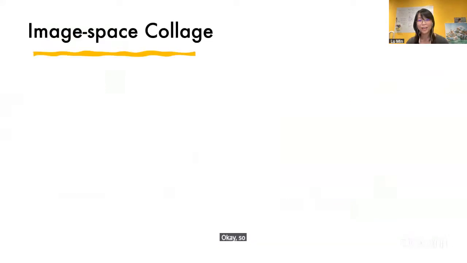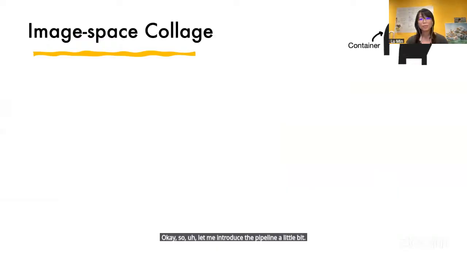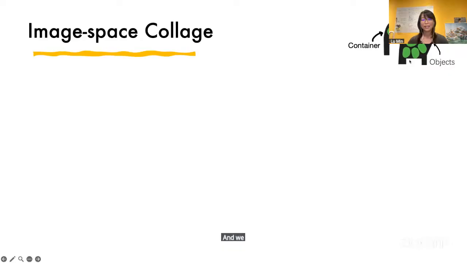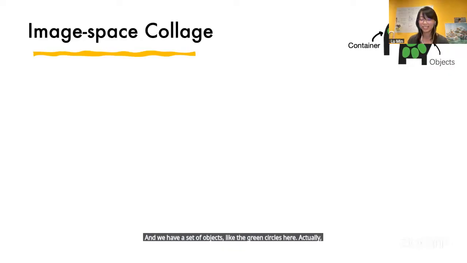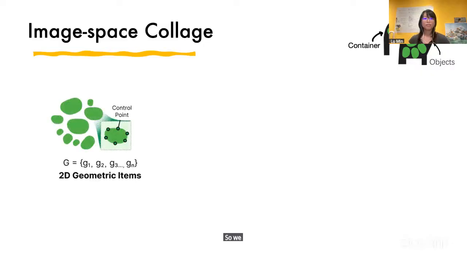Okay, so let me introduce the pipeline a little bit. The basic problem is that we have a container, here the elephant, and we have a set of objects, like the green elements here. We start from this set of 2D geometric items that is normally described in SVG, in vector form.